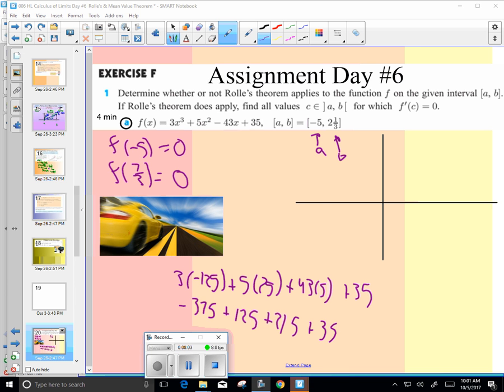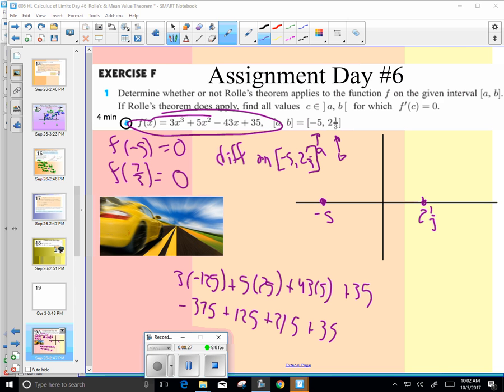So here at -5, we have 0. And at 2 1/3, we have 0. Now, what does that tell you if these are the same? Is this continuous and differentiable? Is it? You bet. No denominator with an x in it, no weird square roots. So on -5, 2 1/3.